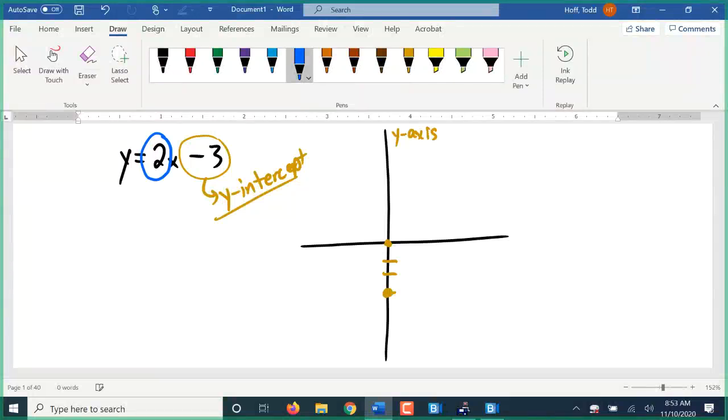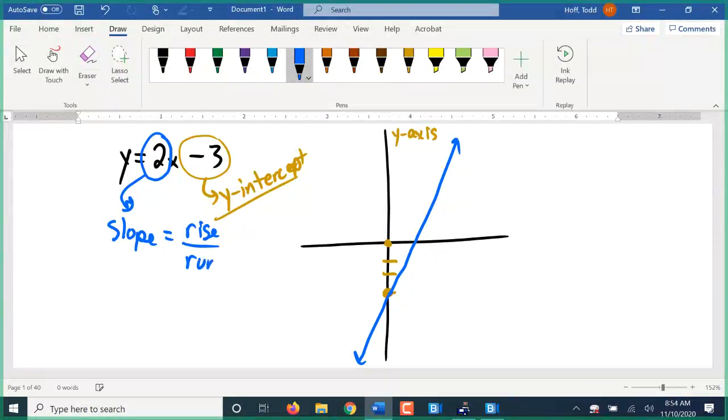The number multiplying x then tells us that this is not going to be a 45-degree angle across the graph. It's going to be a little steeper. Be something like that. That concept is referred to as the slope. And it's actually a ratio of rise to run.